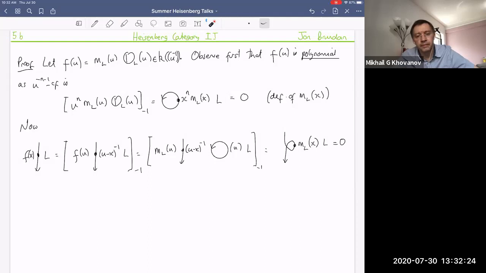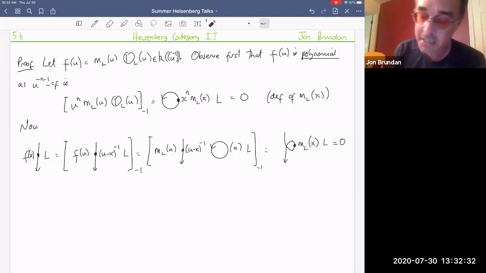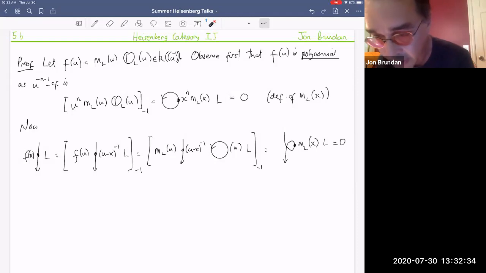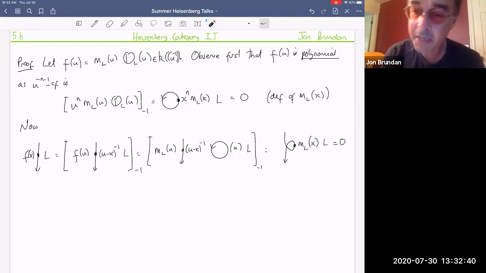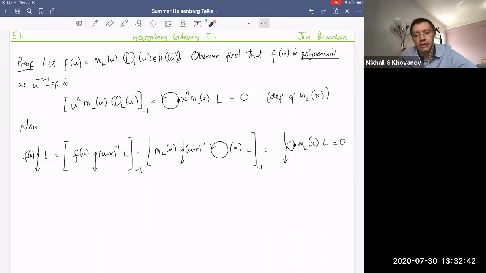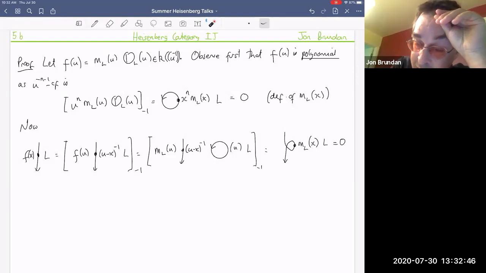But you take any module category over Heisenberg and any simple object, or you need some condition? The only condition I need is that my category is locally finite Abelian. Sorry, what's the condition? I need it to be a locally finite Abelian category. Yeah. I see. So every object has finite length, and every morphism space is finite dimensional.